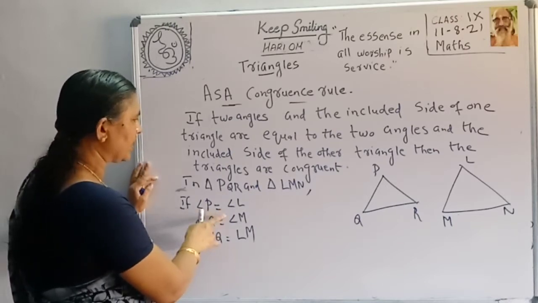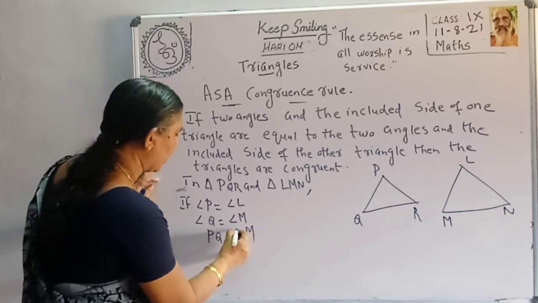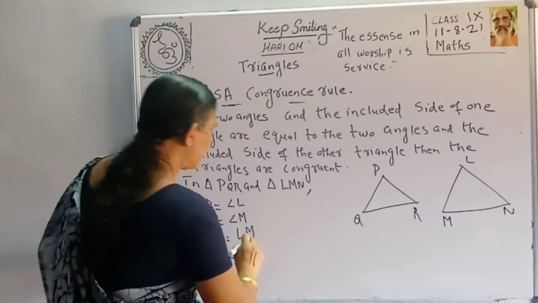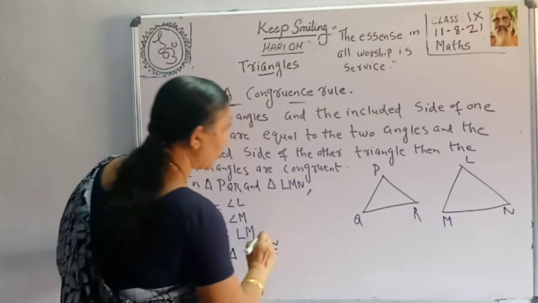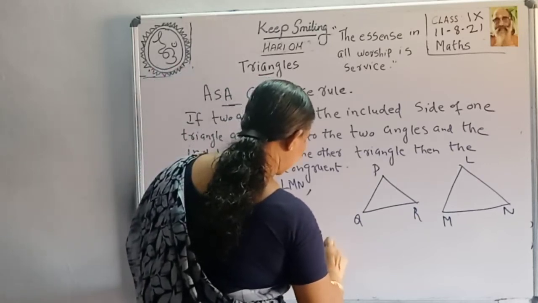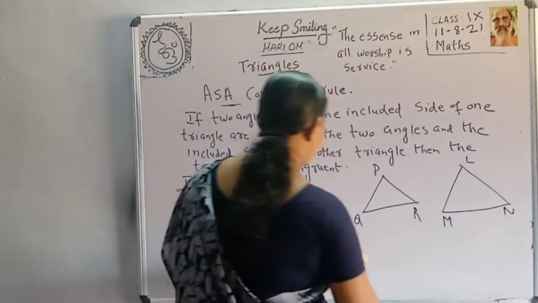Here angle P is equal to angle L, angle Q is equal to angle M, PQ is equal to LM. Therefore triangle PQR is congruent to triangle LMN. By which rule? By ASA congruence rule.